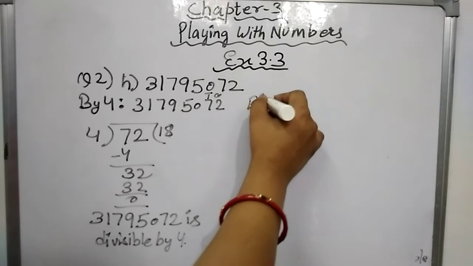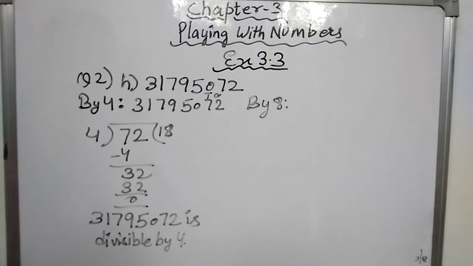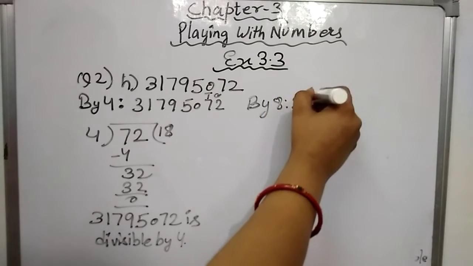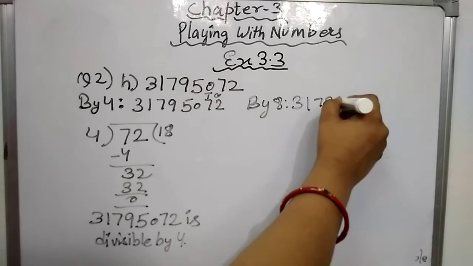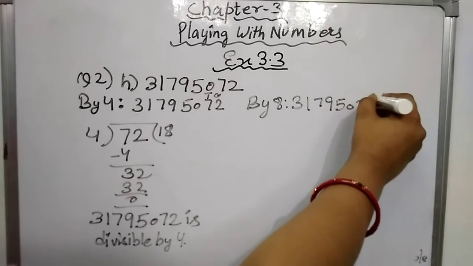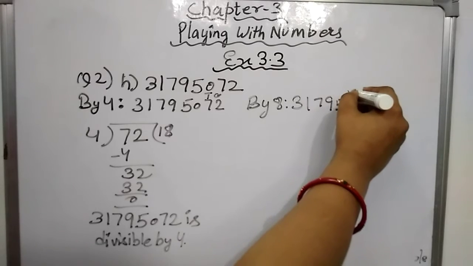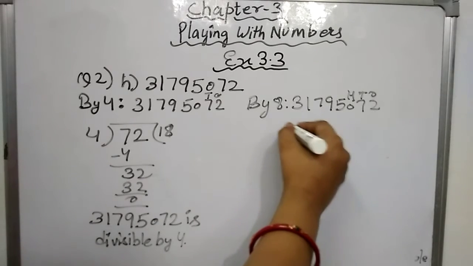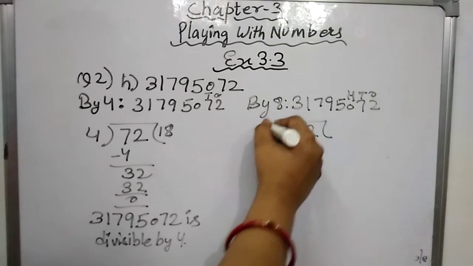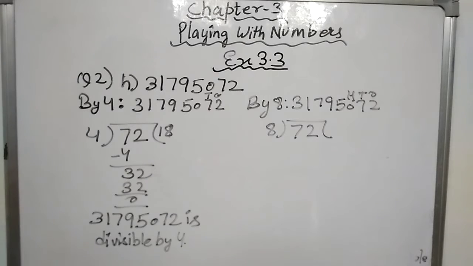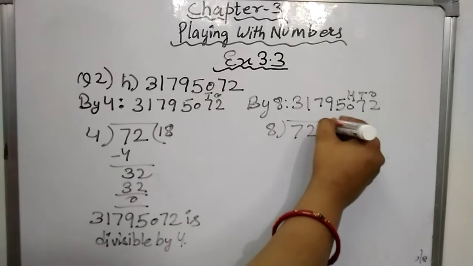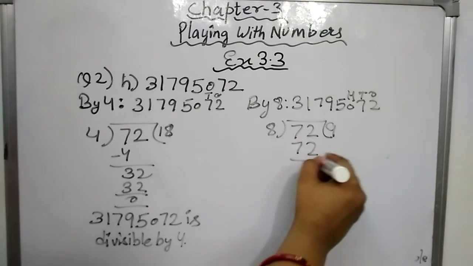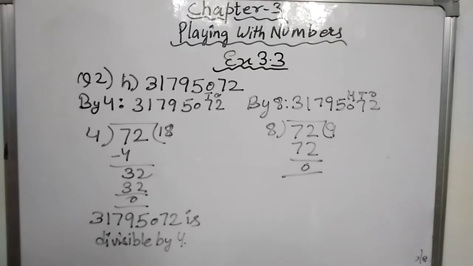Now second divisibility test is by 8. For this, digits at ones, tens, hundreds place need to be considered, and these digits makes number 72. Divide it with 8. We get our quotient as 9 and remainder is 0.